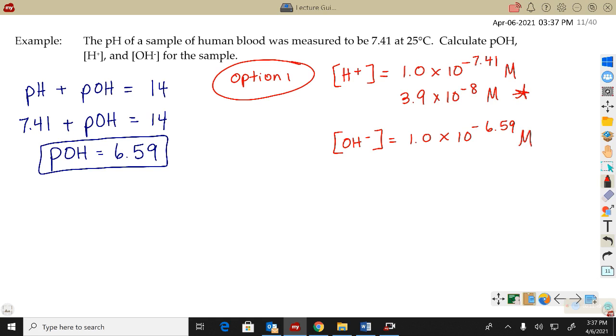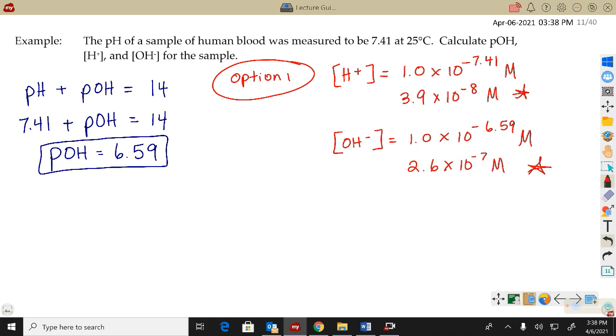And so you really just say 10 caret negative 6.59. Here we go. We've got about maybe 2.6-ish times 10 to the negative 7. And again, that might be the preferred answer. Not bad, right? Not hard. It's just using some of those little equations, and they're all in the packet.